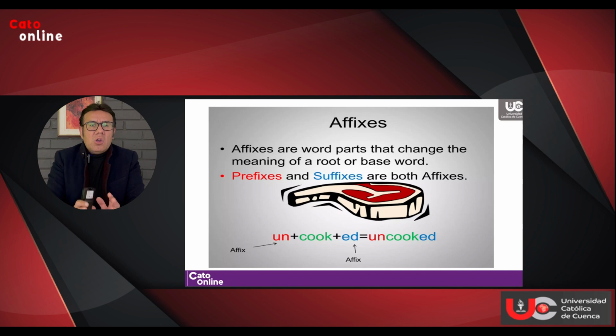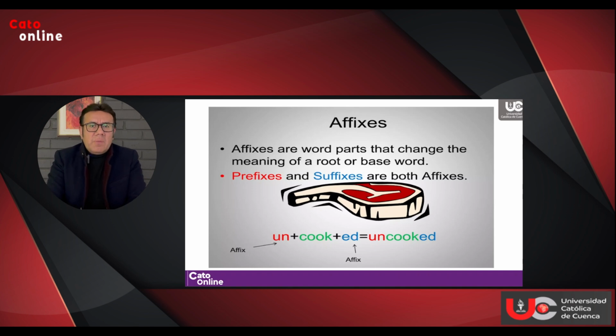Remember, cook is the base form. But when we use uncooked, we are adding a prefix. Uncooked means not cooked, right? And the affix ed equals uncooked. As you can see in the picture, we have two extra parts. The first one is un and the last one is ed.